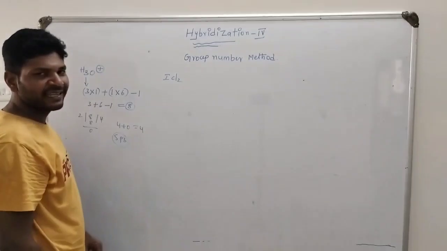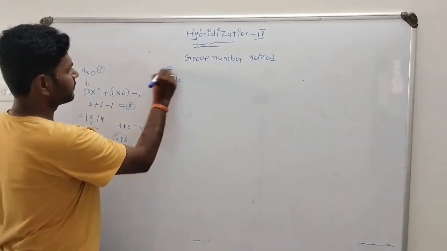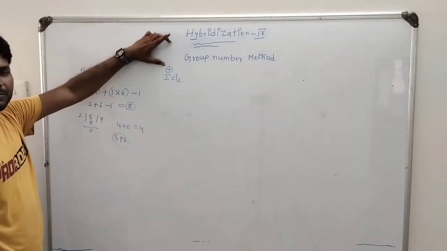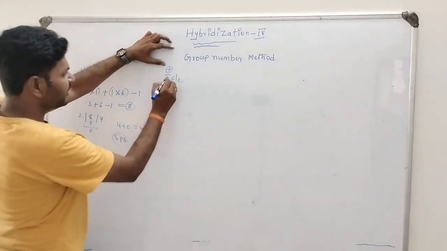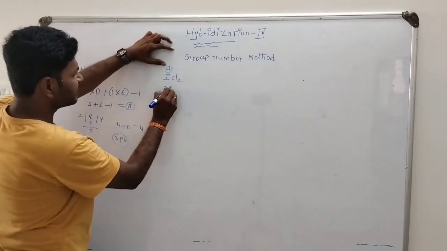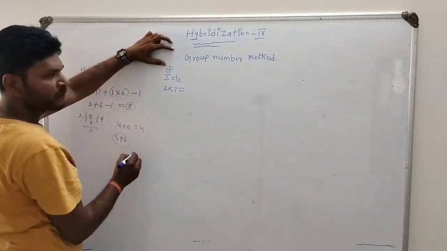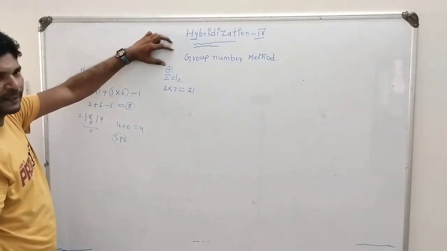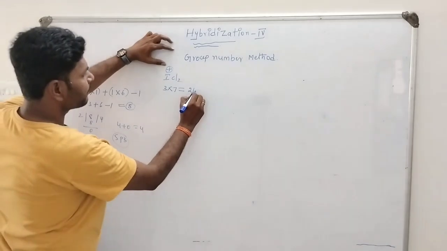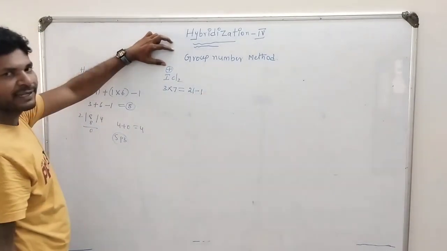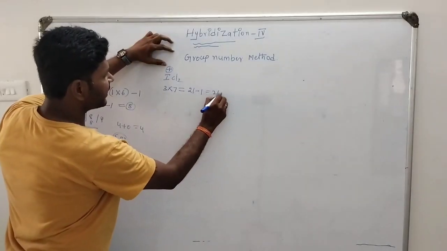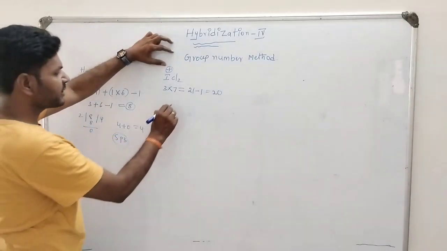Next, ICl2+. Iodine, chlorine, so the 3 atoms belong to the same group. Then we need to take 3 into 7. So the total value is 21. 21 plus 1, which indicates minus 1, so elimination of 1 electron. So 21 minus 1 is 20. So here 20 means what?